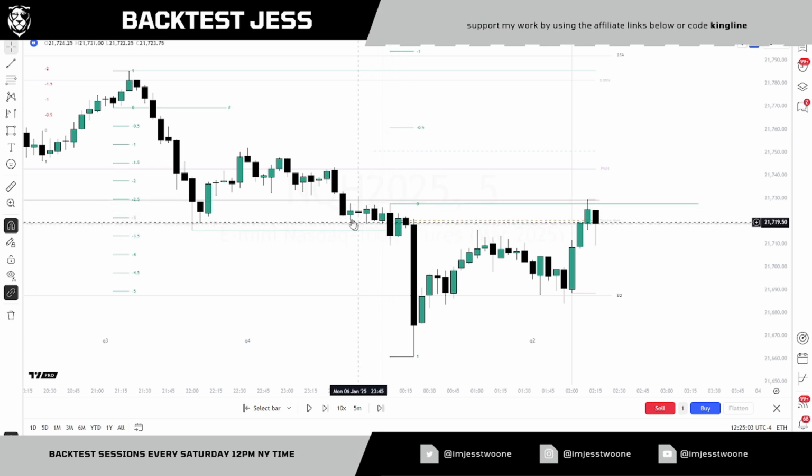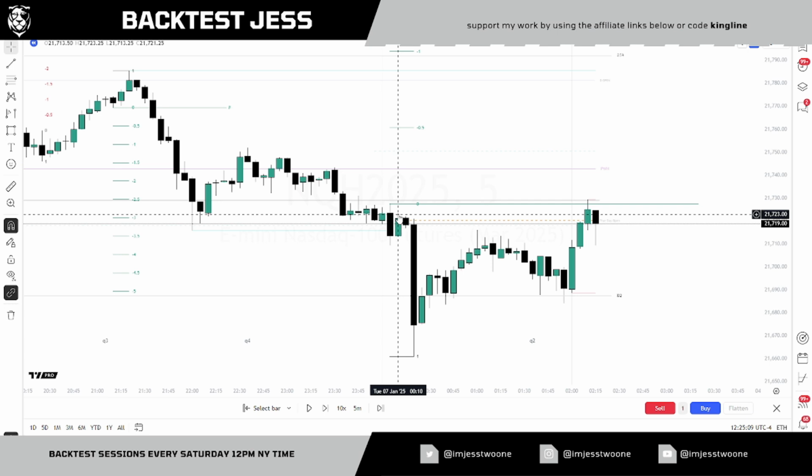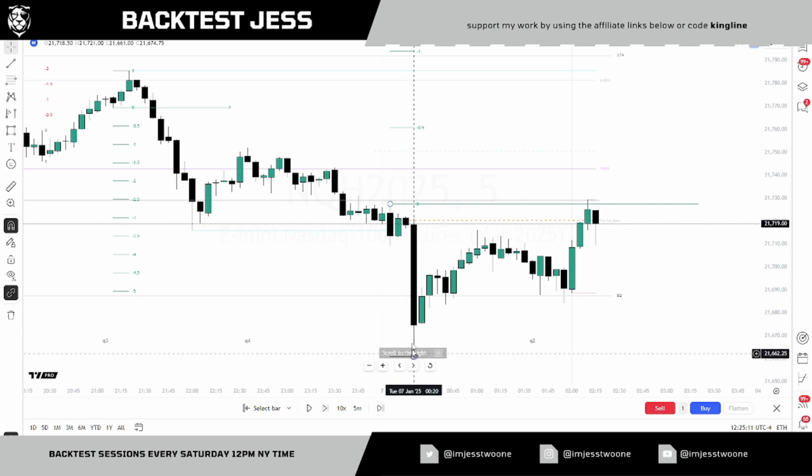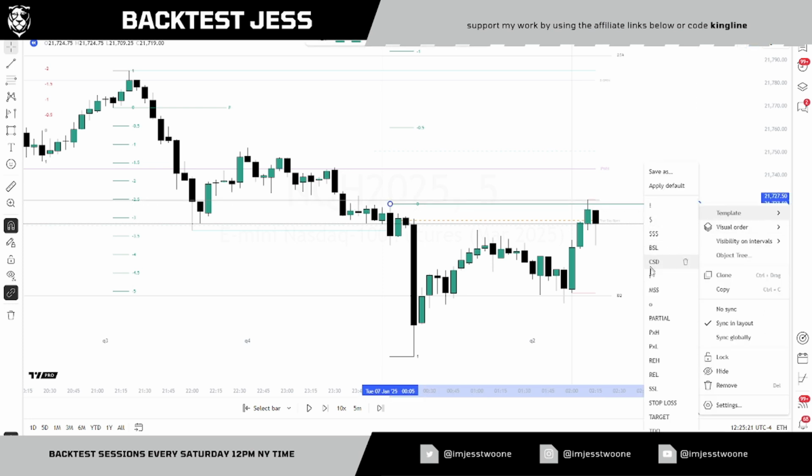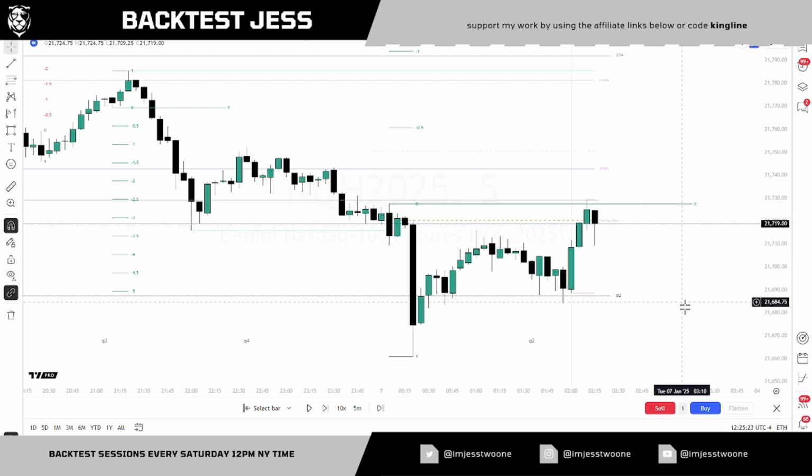So we went low, we created a high, went low, and then this is a retracement to go lower. Because of this, this is the obvious swing high here. So I'm going to go with this one to say that this is a CSD. We have not closed above it yet, which is my point.